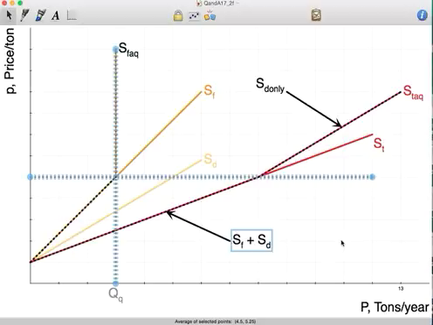Once we reach that price where we've reached the quota for the imports, the operational part of the curve where the kink occurs is going to be here. Let me highlight that for you. And for prices above that, only the domestic supply curve is operational.